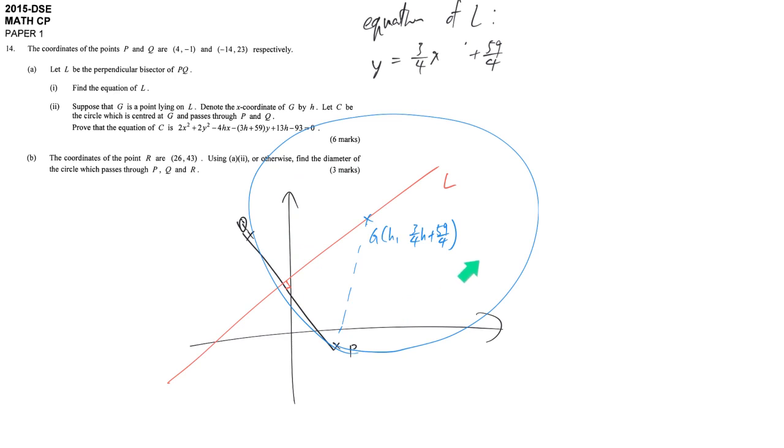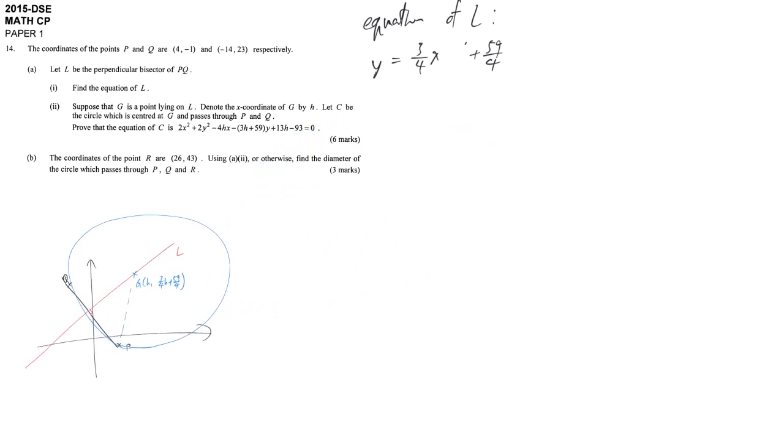How can we find the equation of this circle? First, we have the center. Next, we need the radius. And the radius can be found by using the distance formula to find the distance PG. That's our strategy. So to find the radius, P here is (4, -1).